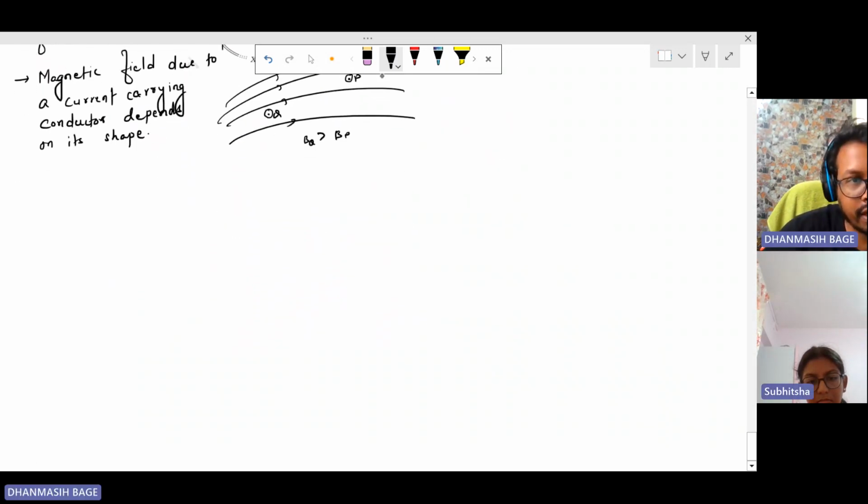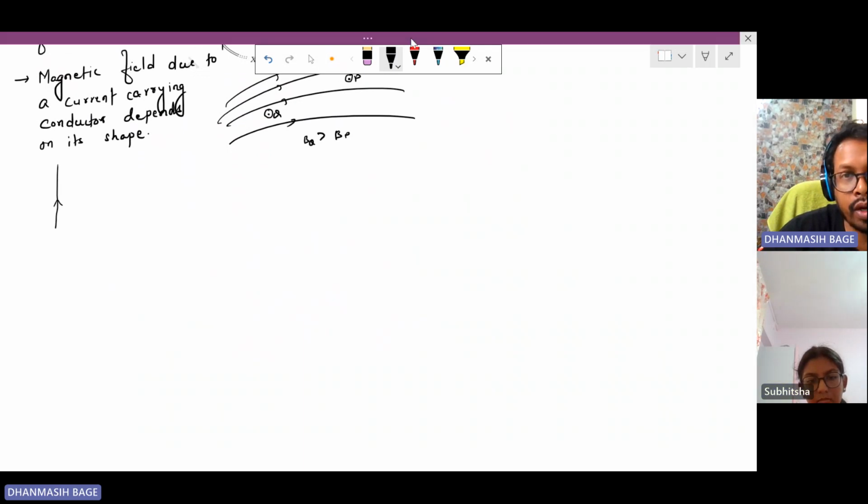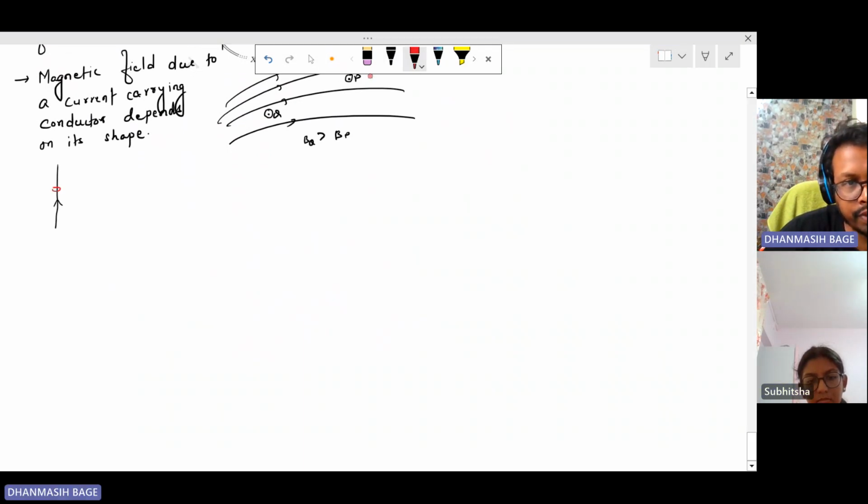It means, if a straight current carrying conductor is there, you already know it produces concentric field lines, right?